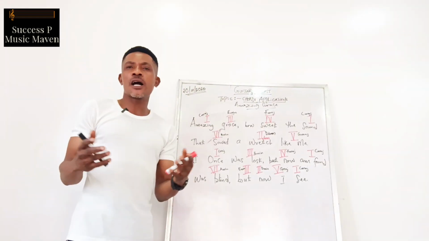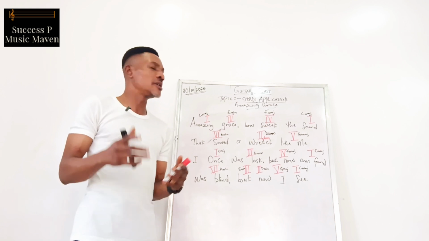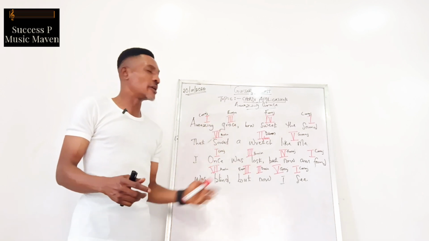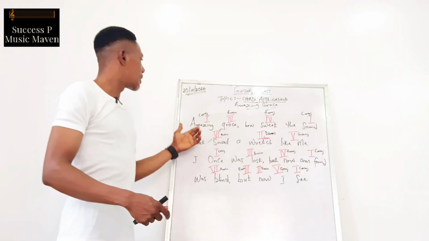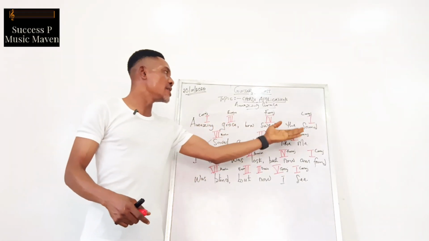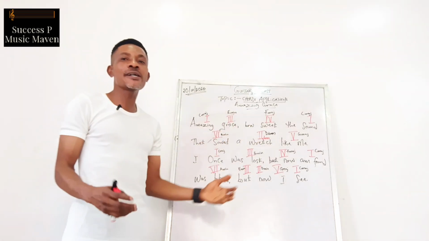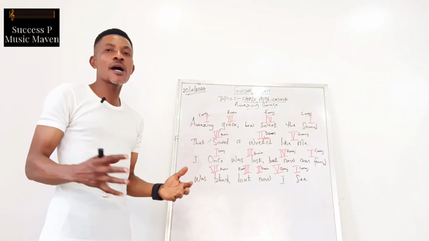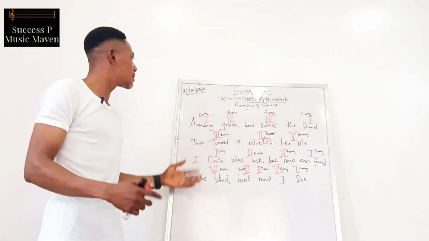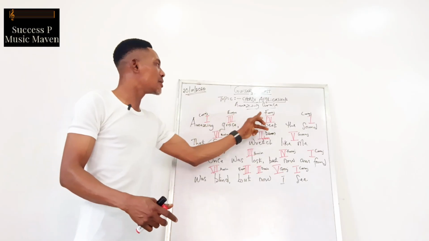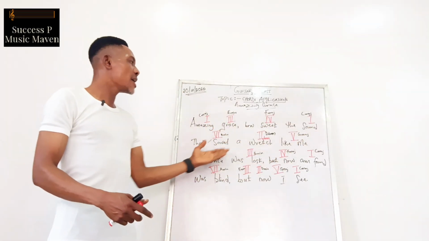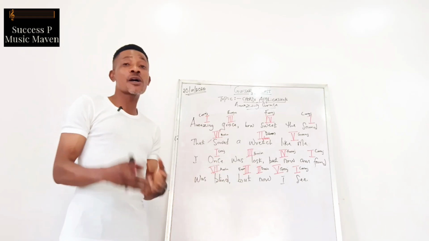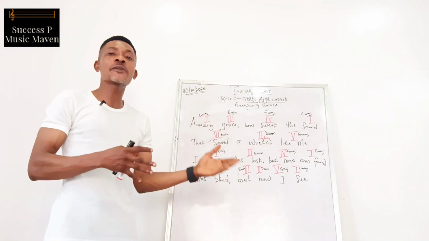All right, let's see how we apply our dominant chord in this particular song, Amazing Grace, in the key of C major. Now, Amazing Grace, how sweet the sound. C major, E minor, F major, C major. Now, that saved a wretch like me.